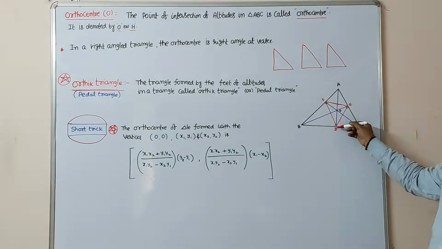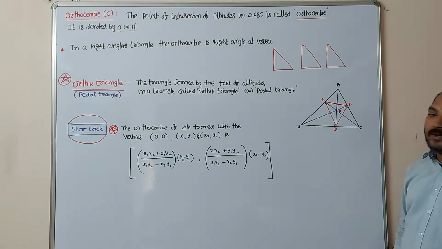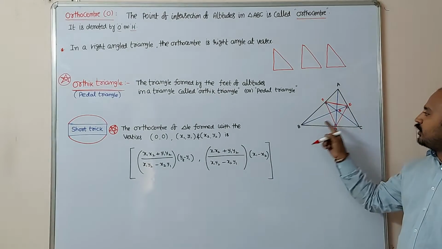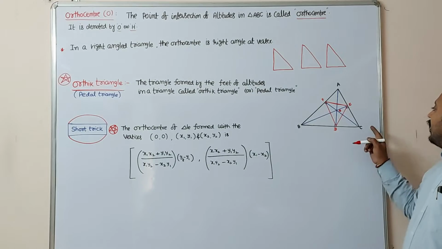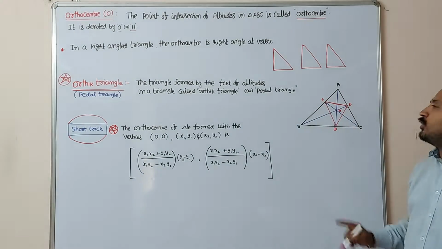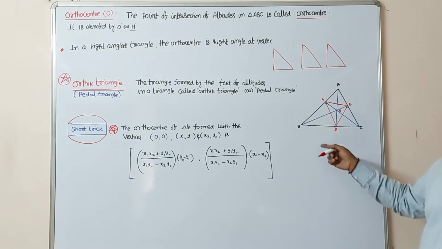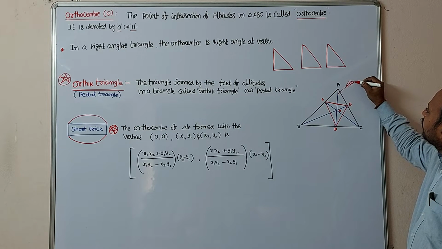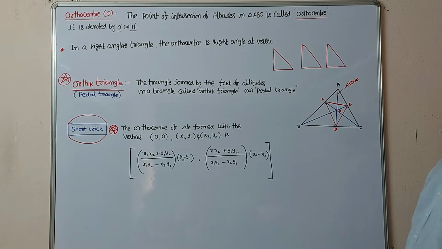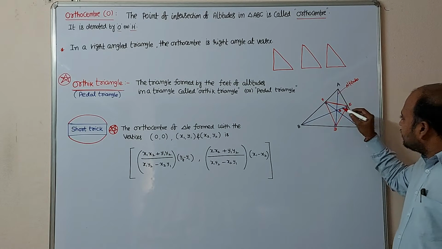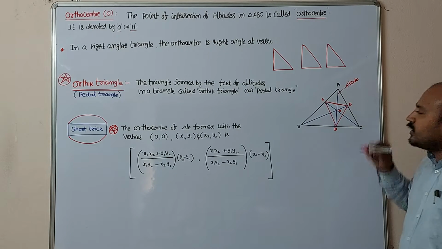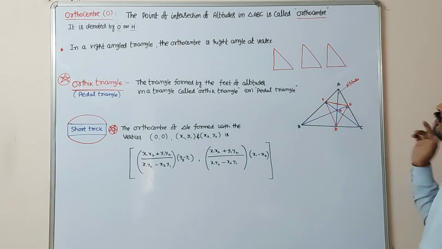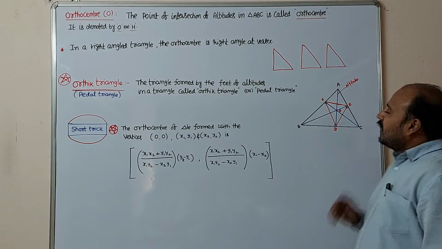AD is an altitude through the point A, BE is an altitude through the point B, and CF is an altitude through the point C. These are the altitudes. The point of intersection of altitudes is called orthocenter. It is denoted by O.